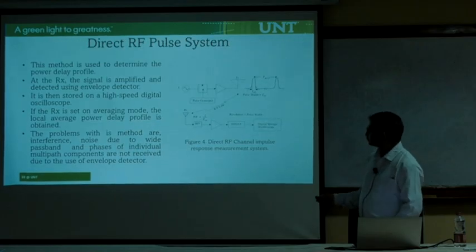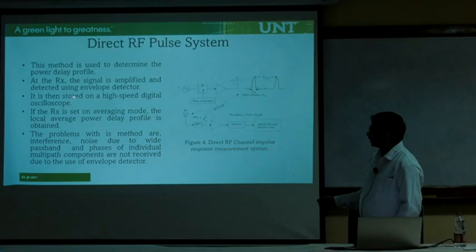For example, here is one. One technique is called the direct RF pulse system. You are transmitting a pulse like this to the receiver, and at the receiver the signal is amplified and detected using an envelope detector.